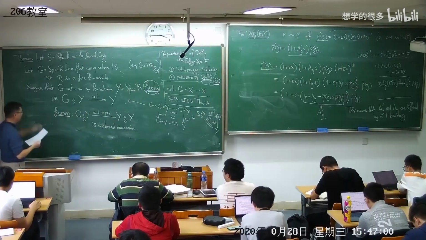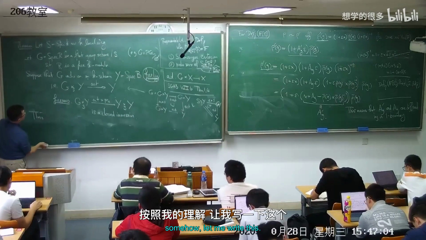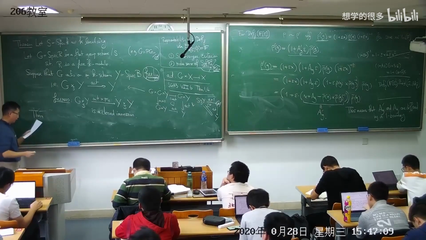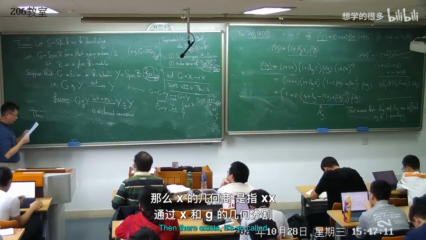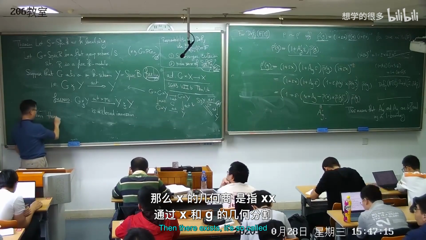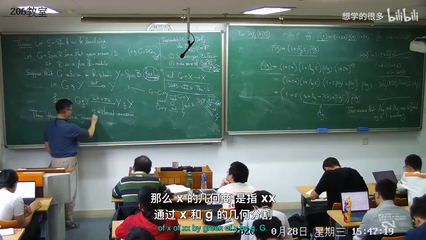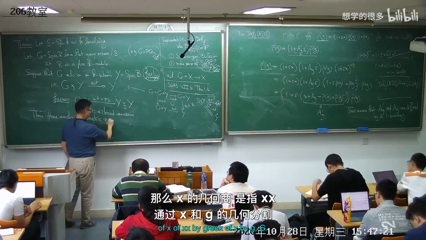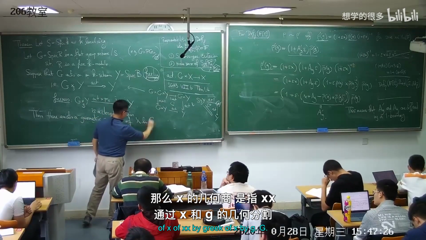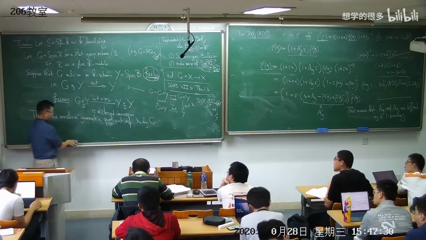Then there exists a so-called geometric quotient of x by g. Let me write that explicitly over on the other board.